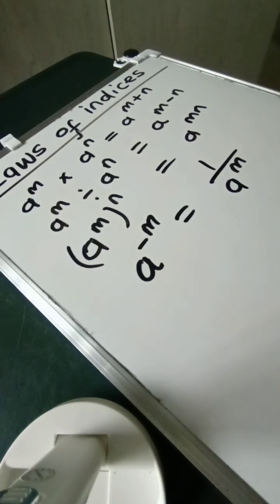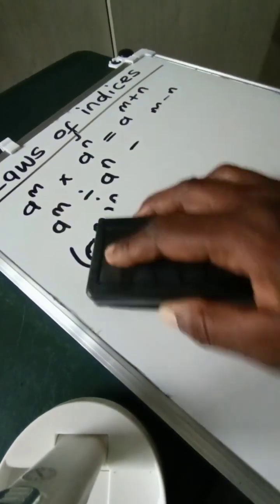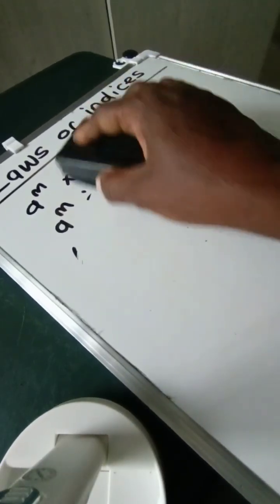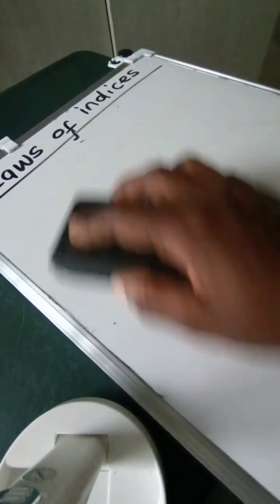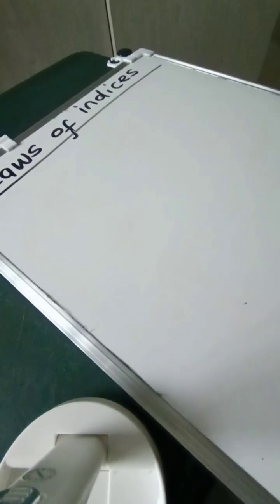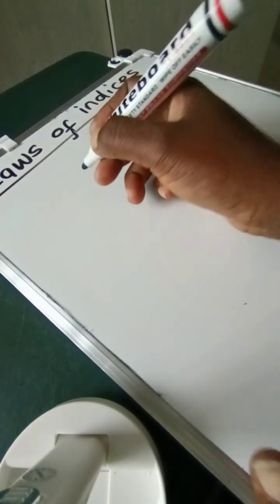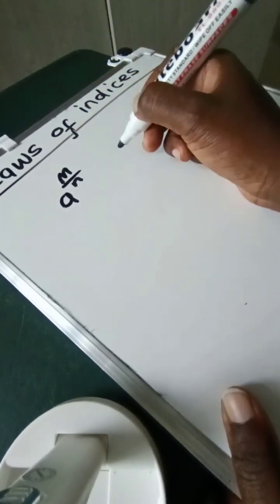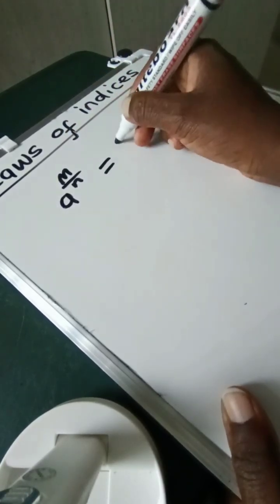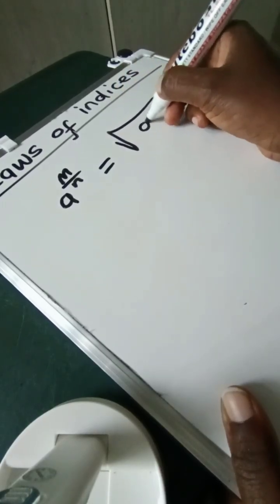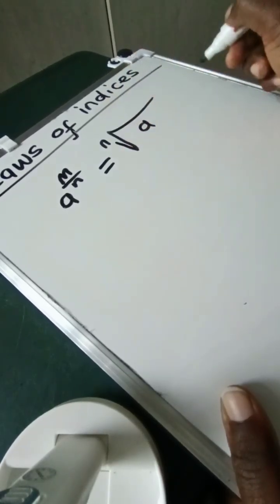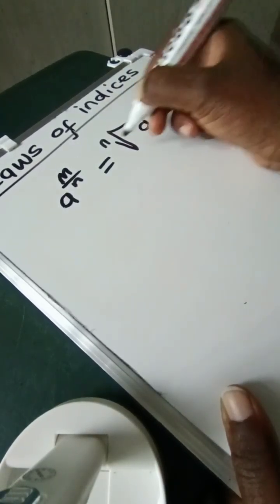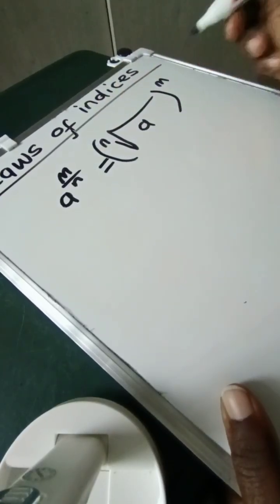And then we also have something like this. Let me rub this one out so that we can write the other things. We also have something like this. A to the power of m divided by n. This one we can write as a here, and then n here, and then m here.